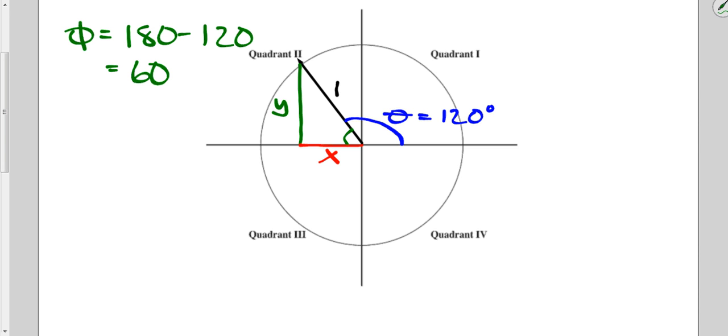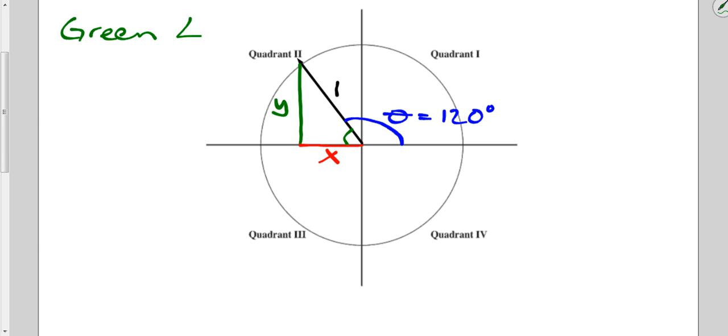This is a different variable than this. Don't worry about it. You don't have to worry about this if you don't want to. It's just that green angle, this angle right here, equals 180 minus 120. That's how you get the measure of that angle.